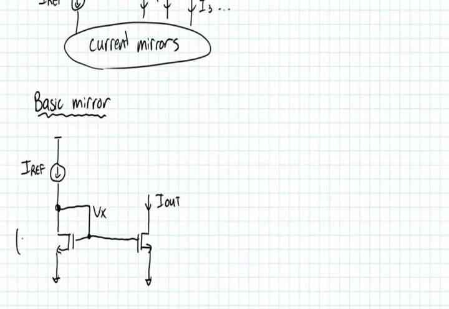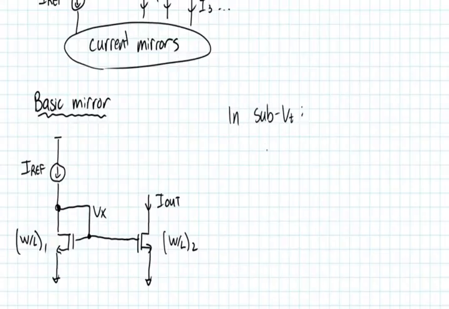Now let's say this is device M1. It has a W over L ratio of 1. This has a W over L ratio of 2 because it's device 2. Now in subthreshold, so most of you have analyzed this circuit in above threshold. Let's analyze it in subthreshold, see if it does the same thing. So in subthreshold, IREF is equal to I off 1 times e to the Vx over n phi t.